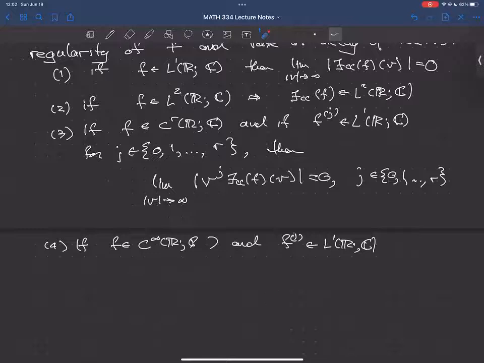Well, there are implications like that you can make, but let's not do that here. Basically, in the case when r is equal to infinity, then you get the result for all r's.